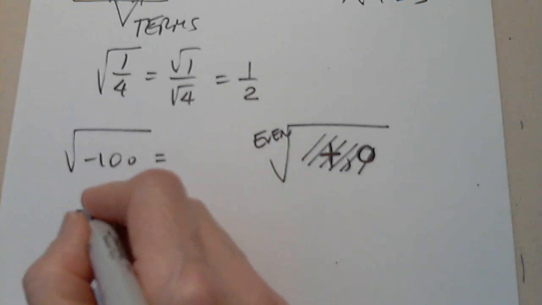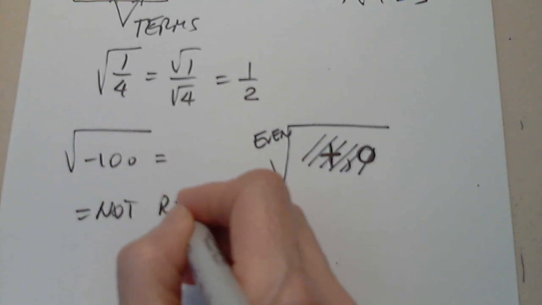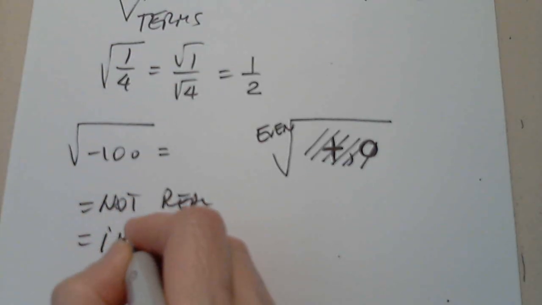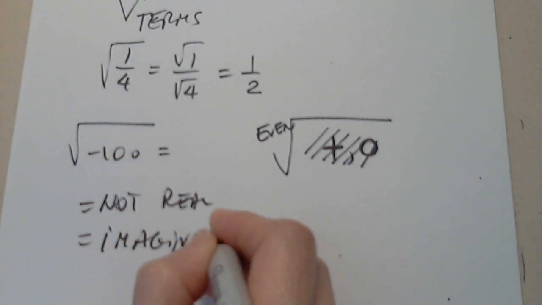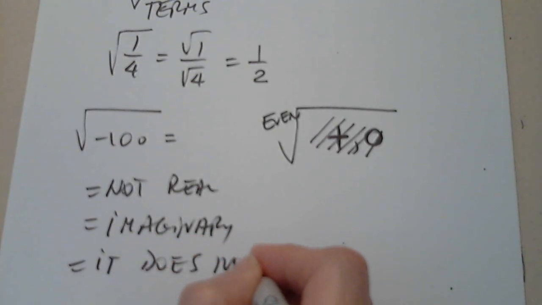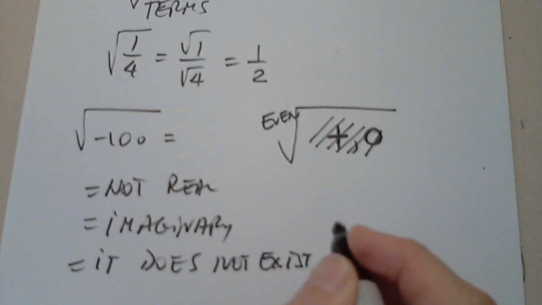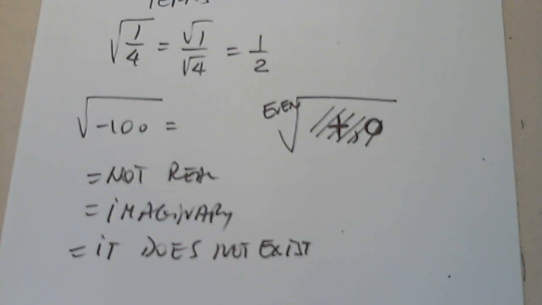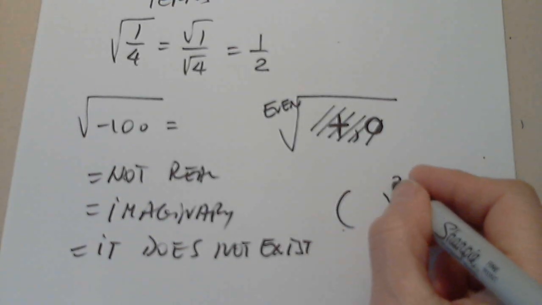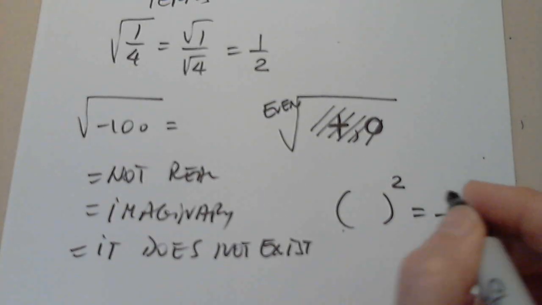I will have to write that this is not real, meaning it's imaginary, meaning it does not exist. I have no real number that I squared to get negative 100.